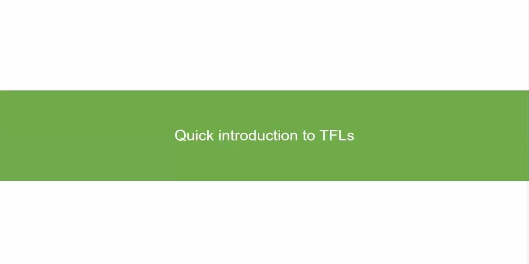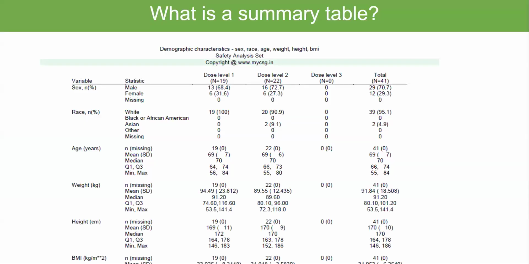So let's now see a quick introduction to the TFLs. Here is a summary table, which is summarizing the data for demographic characteristics of sex, race, age, weight, height, and BMI. Let's assume that this report is based on a clinical trial in which 3 different dose levels of a medication are being compared.